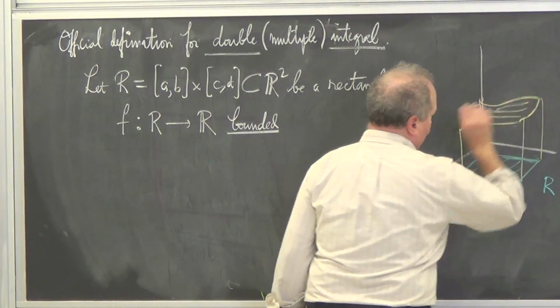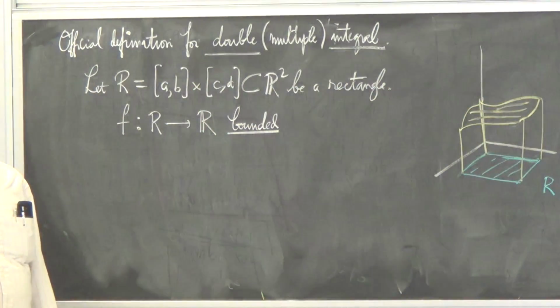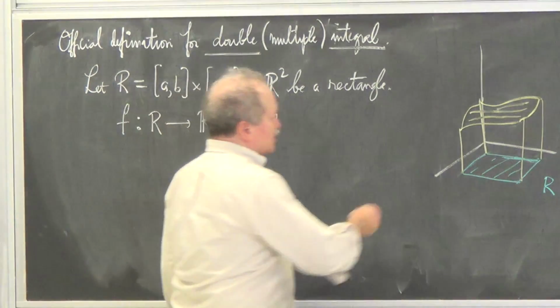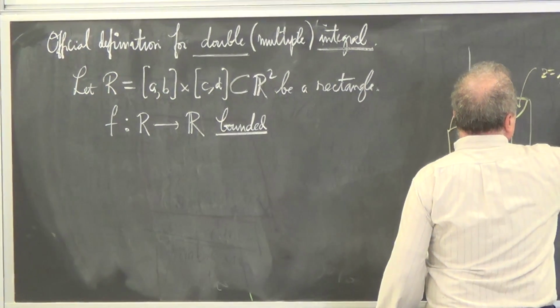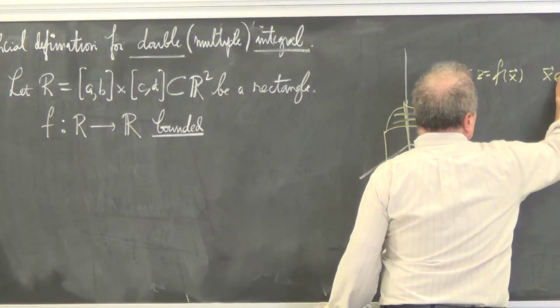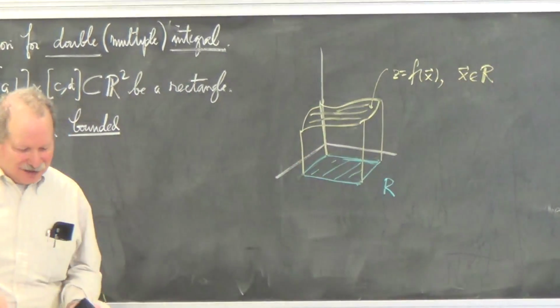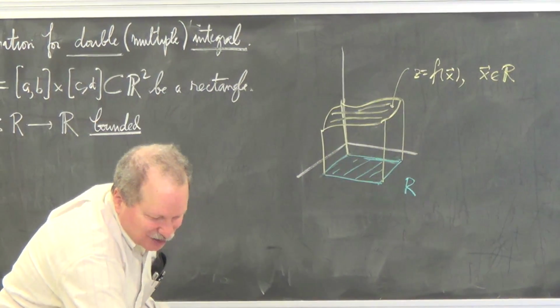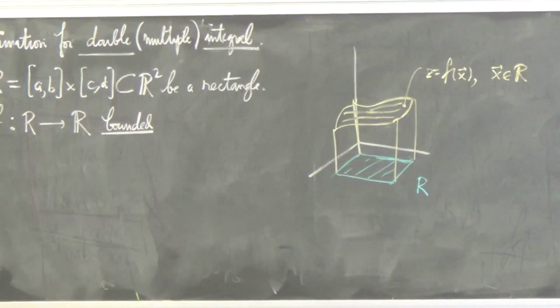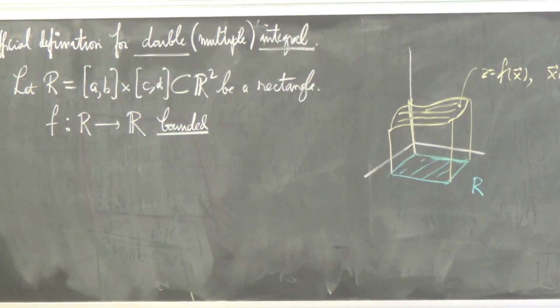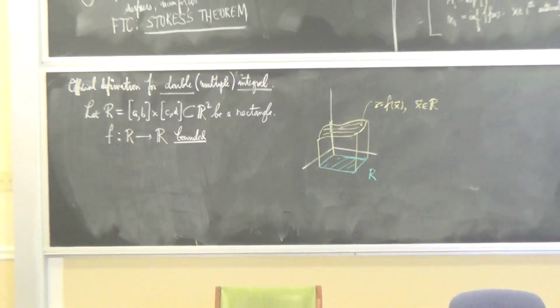And that represents the graph of the function over that rectangle. Okay, so this would be z equals f of x when x is in the rectangle. And I'm going to do the same thing to you this semester as I did last semester. I'm going to use x for a vector, and then I'm going to call its coordinates x and y. You're welcome.